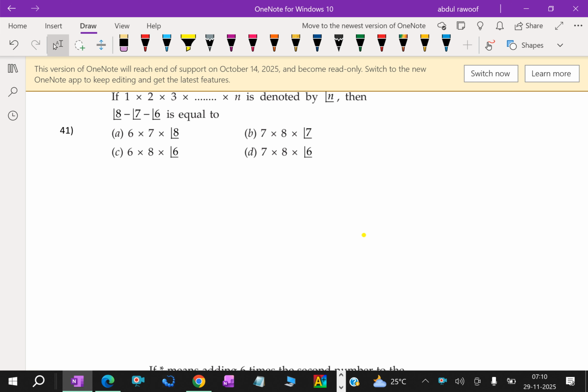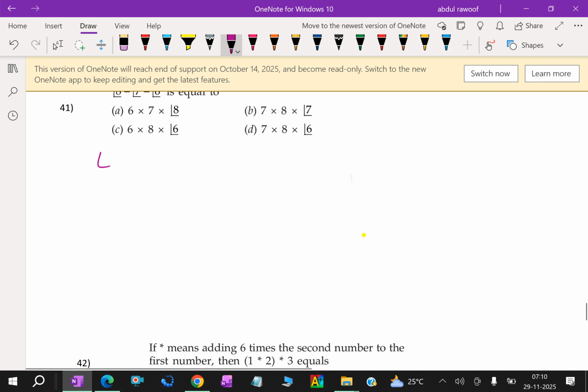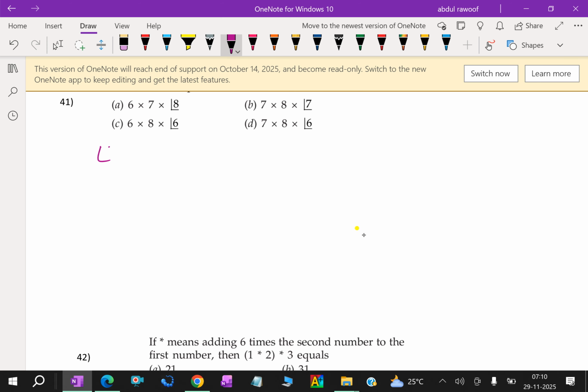Here, 8 factorial equals 1 into 2 into 3 into 4, 5, 6, 7 into 8.